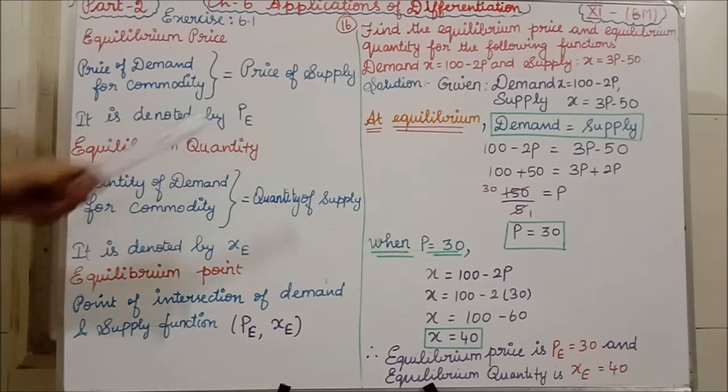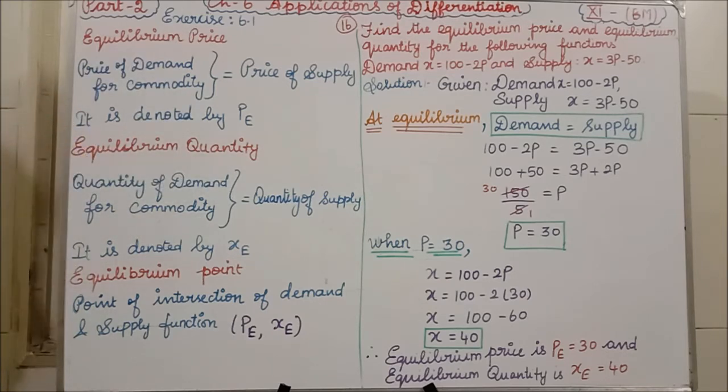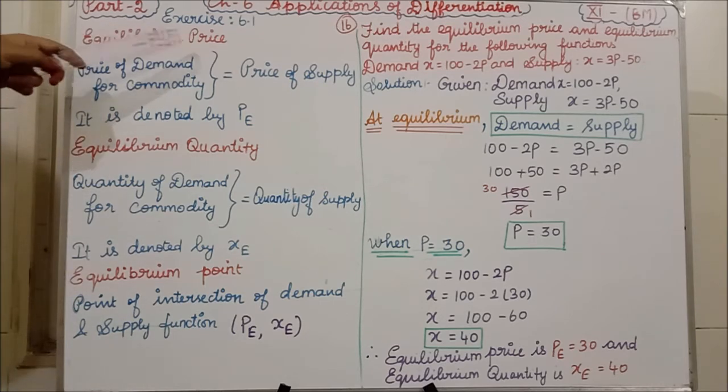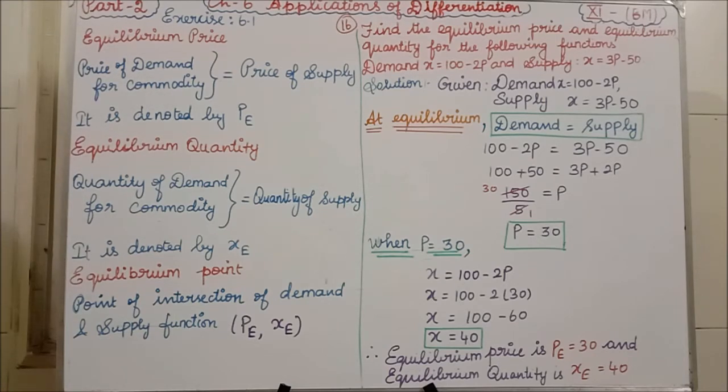It is denoted by P of E. Equilibrium quantity means the quantity of demand is equal to the quantity of supply. Quantity is denoted by x of E.